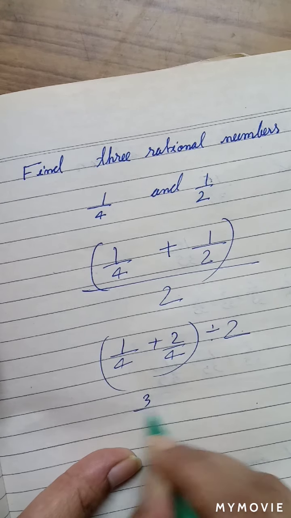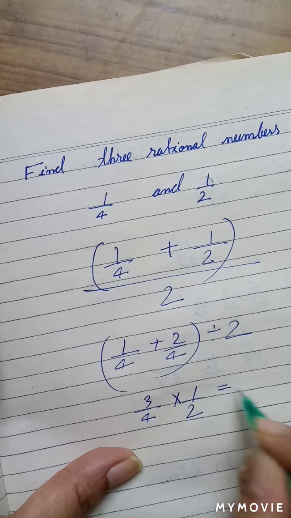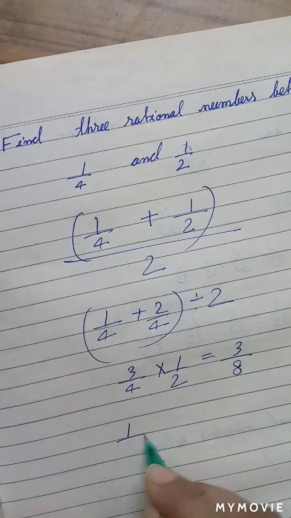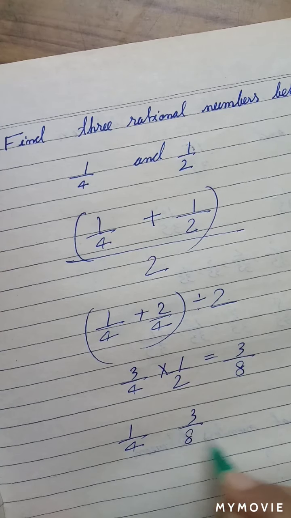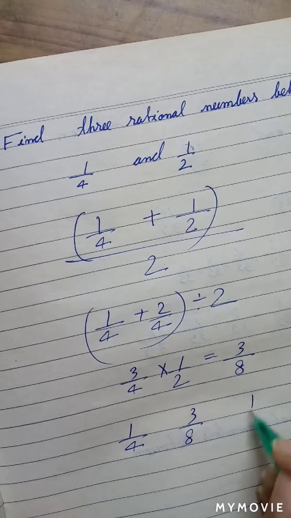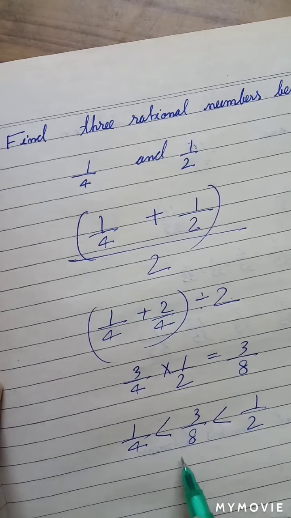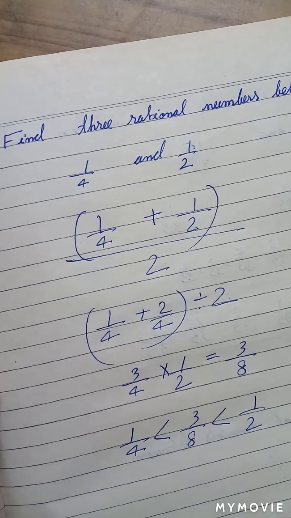We have 3 by 4 into 1 by 2 and we have got 3 by 8. So now we have 1 by 4, 3 by 8 and 1 by 2. We have one rational number between 1 by 4 and 1 by 2.